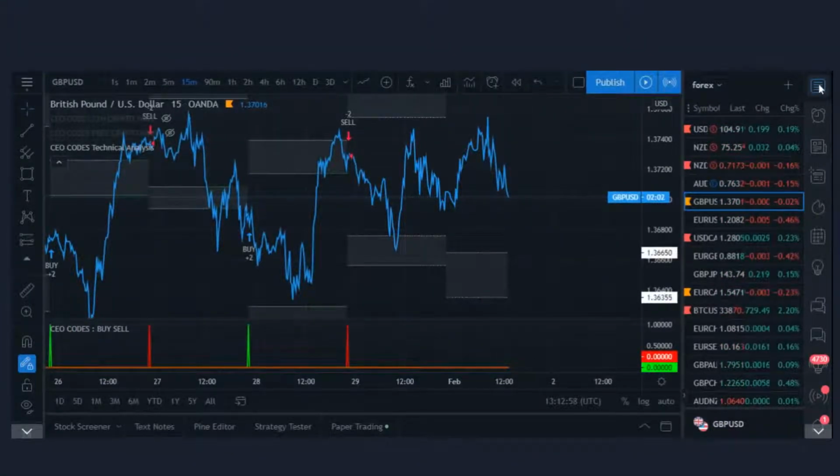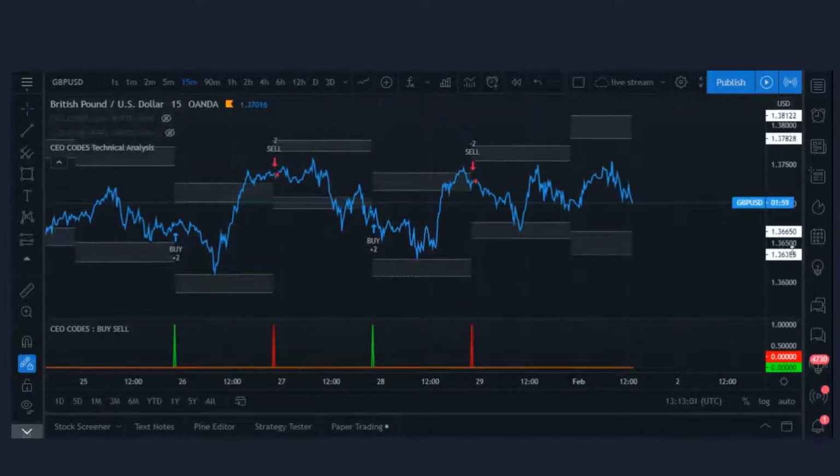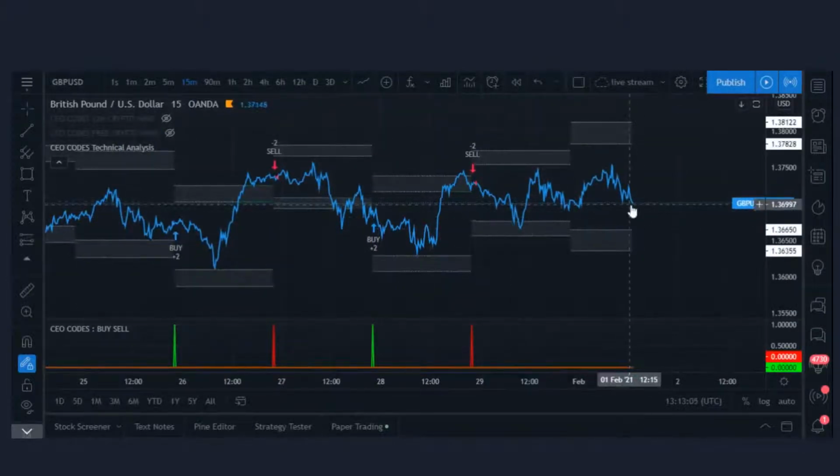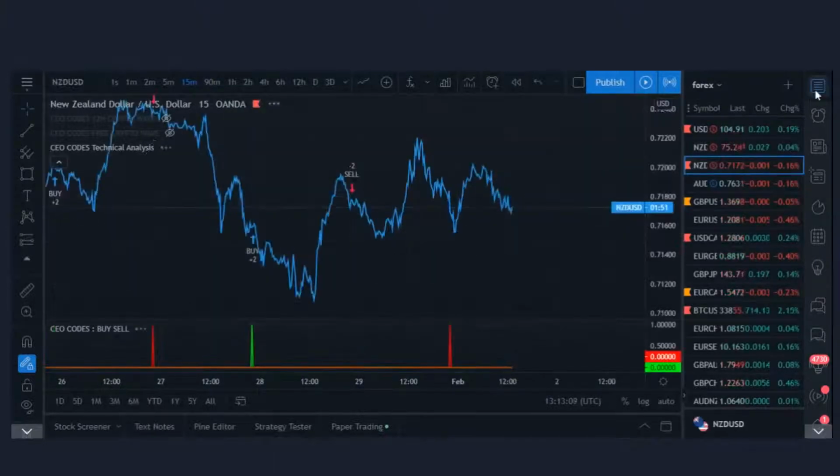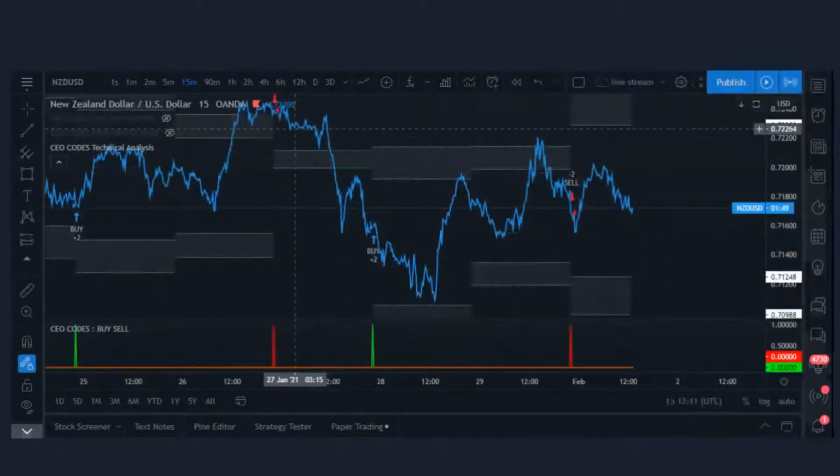So we have here the British pound. As I say, the US is getting stronger, even against the NU as well. This is what has happened since the end of January.